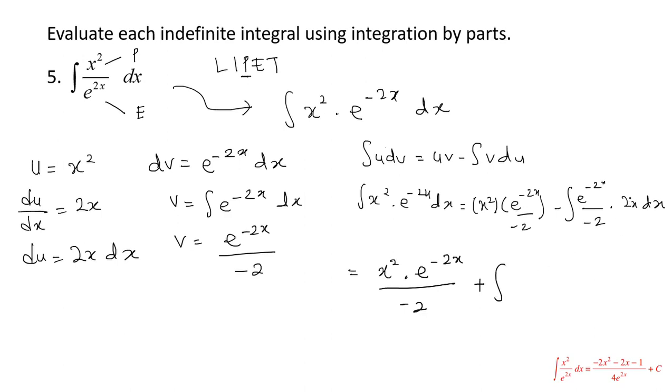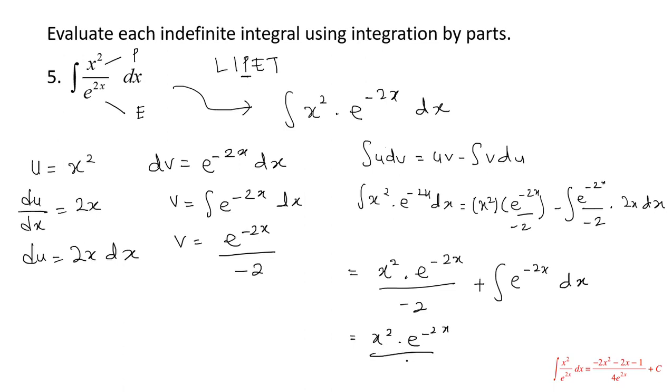Okay, over here we cancel out 2 with 2. So the only integration left is only exponent of power negative 2x. Negative and negative is positive. Cancel out 2 with 2. So there is nothing more.